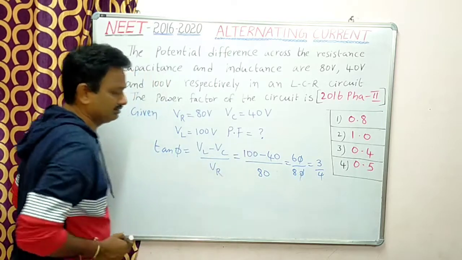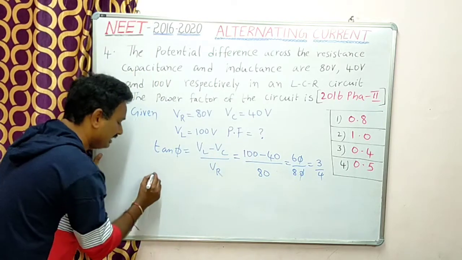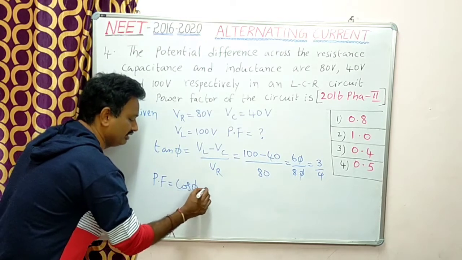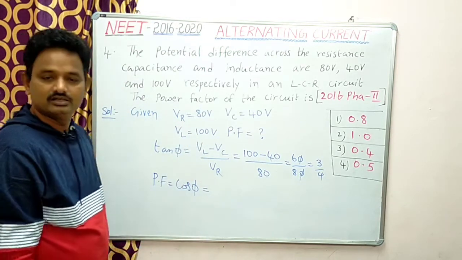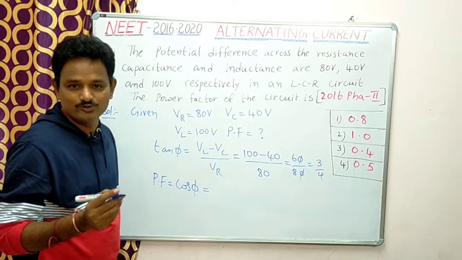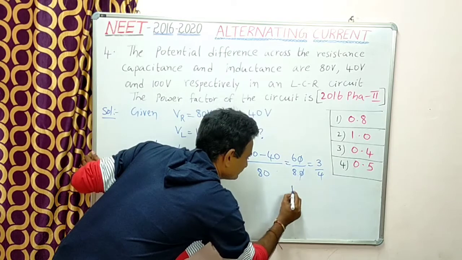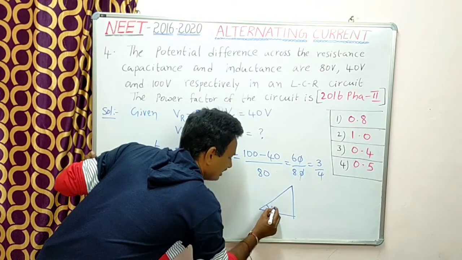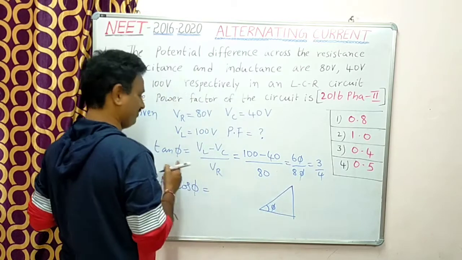Tan phi we got 3 by 4. Here power factor is equal to cos phi. So we need to find cos phi. We got tan phi. With this I can find cos phi. How? Look at here. See, this is right angle triangle. Here it is phi. Tan phi 3 by 4.